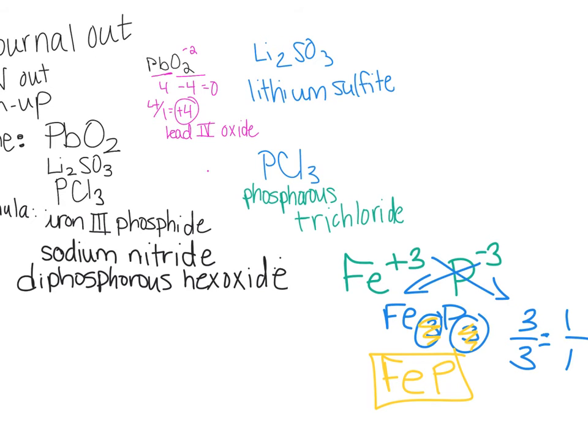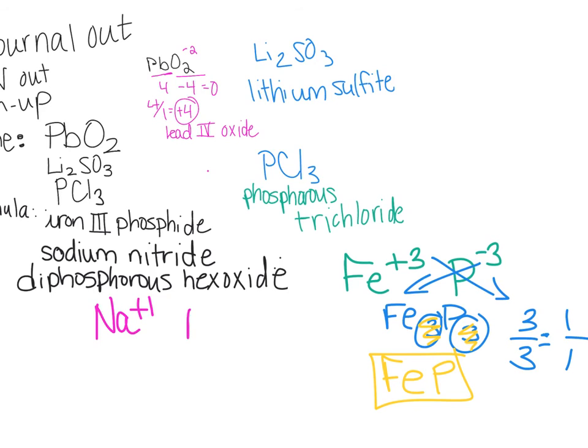Okay, so next we have sodium nitride. So we're going to start with Na. I should have been asking you if there's a metal, because then that would tell you to pay attention to prefixes or not, but if you don't see any prefixes, you don't have to use them, right? So we have to do the crisscrossing thing. Sodium is Na. What's the charge on sodium if it's in group 1? Positive 1, good.